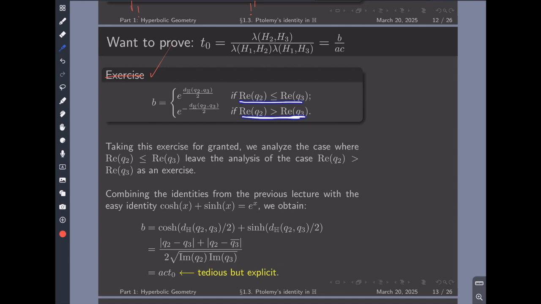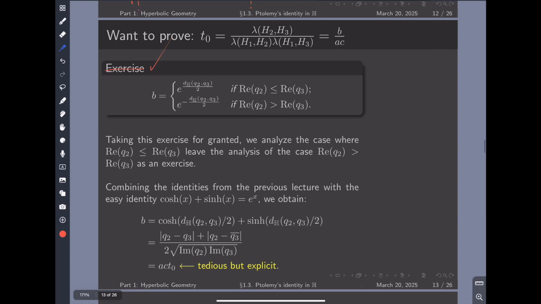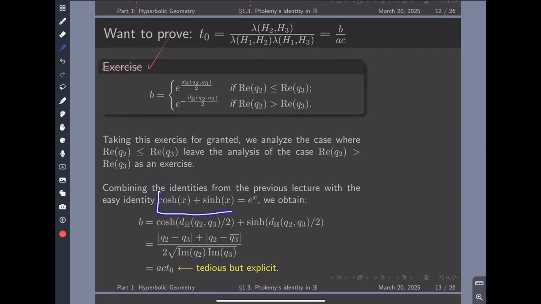Yeah, and now using this, we divide into 2 cases: the case when this happens and the case when that happens. So in the first case, we combine. There is this equality, which I think we all know from our calculus classes, which otherwise, if you just take the definition of hyperbolic cosine or hyperbolic sine in terms of the exponential, is obvious.